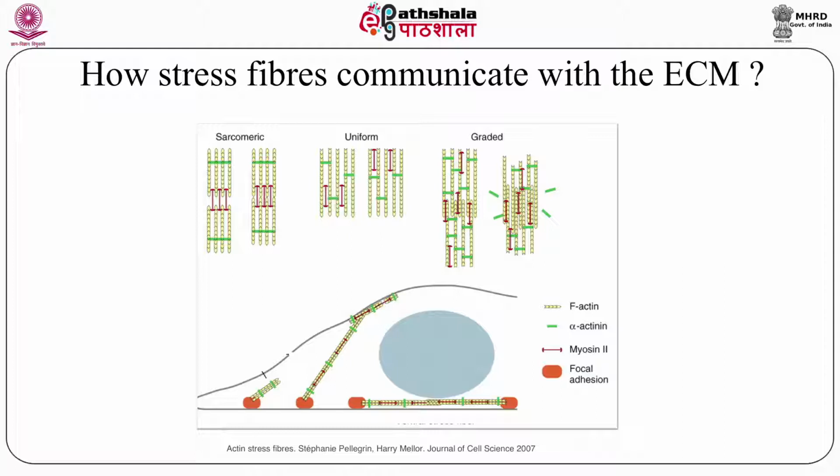Coming to the uniform model of stress fiber structure. With uniform polarity of actin filaments, myosin will not be able to cause contraction. Myosin can move along the filaments towards the plus or barbed end. However, if this myosin was attached to cargo, transport towards the focal contact can take place. The third type of model is the graded model.